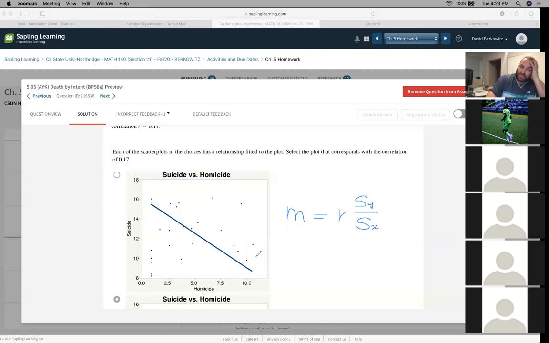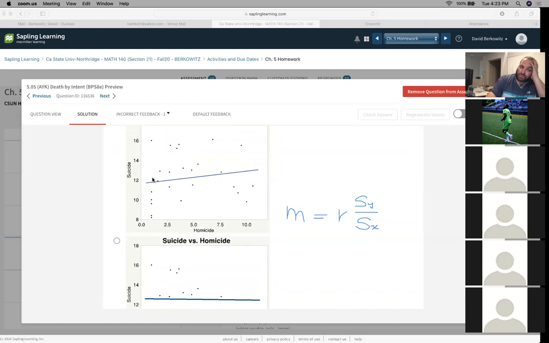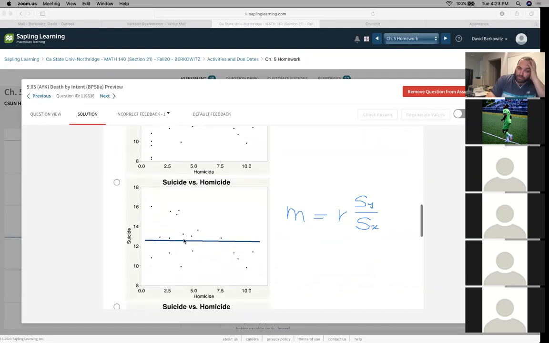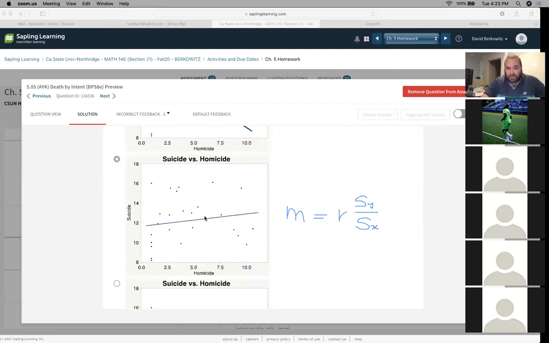This is a negative slope, so that one's out. This one has a positive slope, so that's a possibility. This one looks like 0 to negative, so the only one with a positive slope is this one, and that's correct.